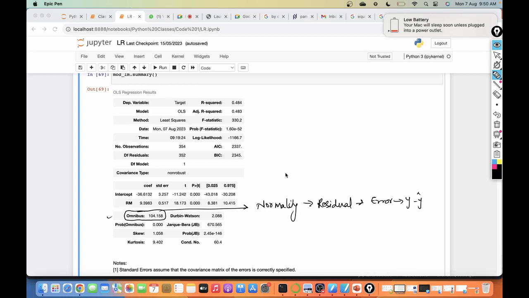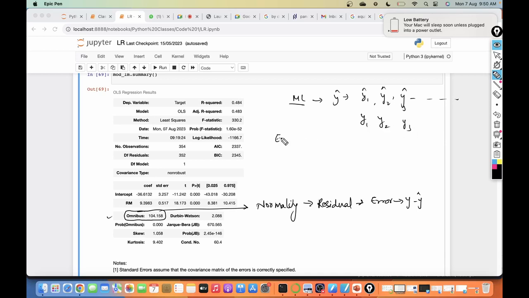Once you make a machine learning model, you predict y1 cap, y2 cap, y3 cap, and so on, and you have all the actual y1, y2, y3.